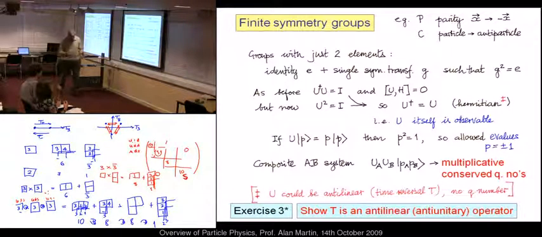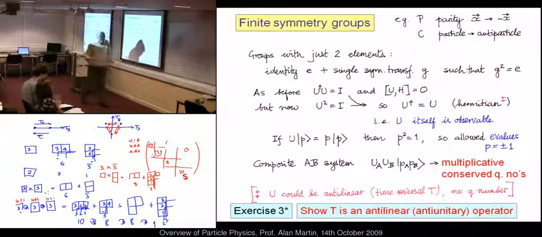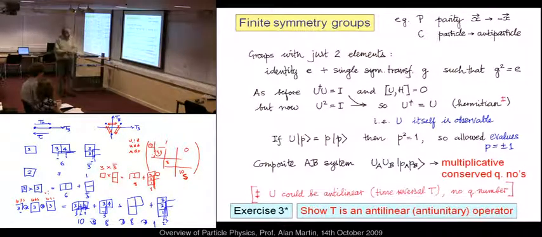If we have two systems of parity +1 and -1, combine them together, the combined system has got parity -1. So there's a big distinction between continuous groups, which is this lot, and this lot, which are finite groups. I've listed them here, the ones that we are meeting, time reversal.